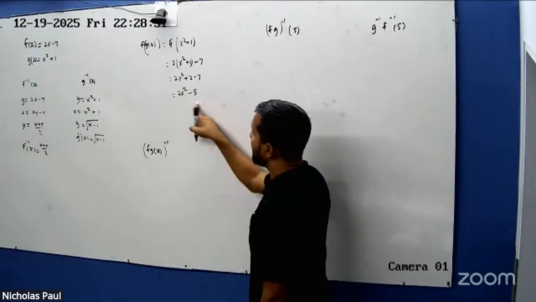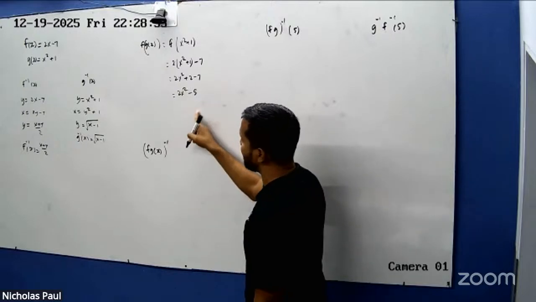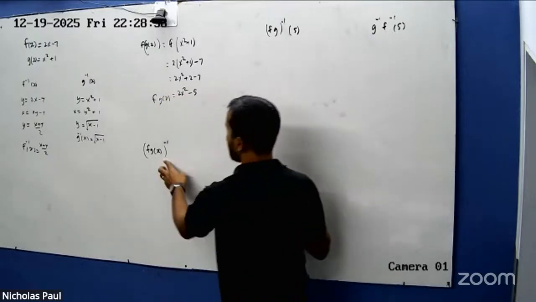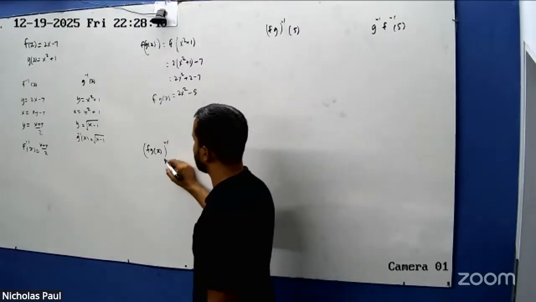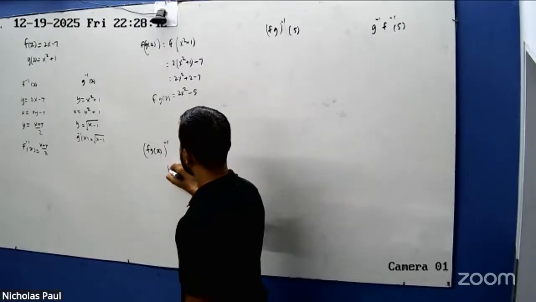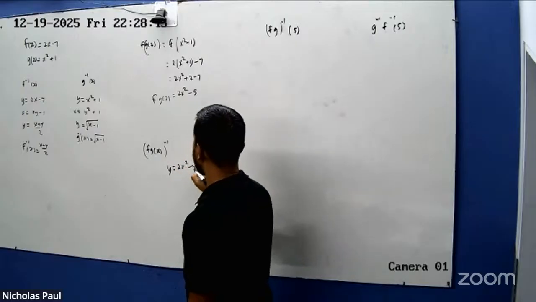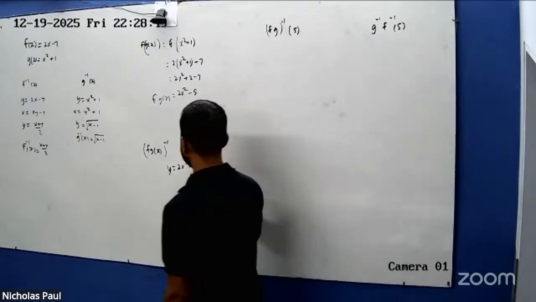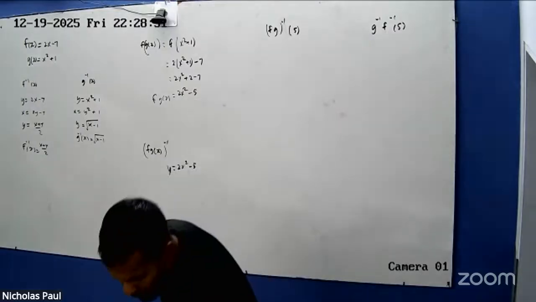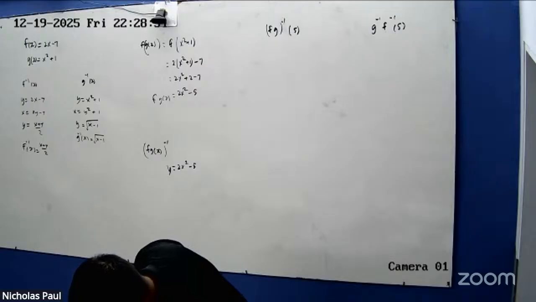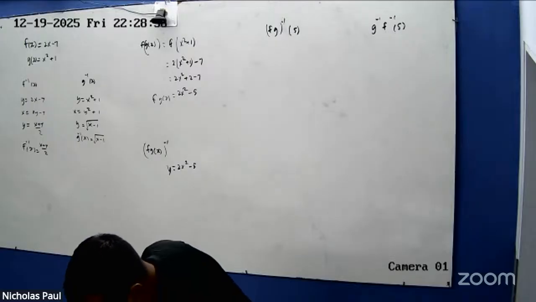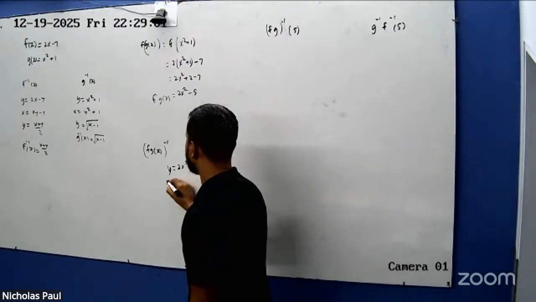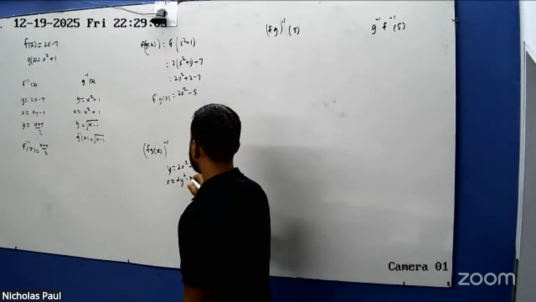Nice. Now they want us to get the inverse of this. This is f of g of x. So let y equal 2x squared minus 5. Y is 2x squared minus 5, so x is equal to 2y squared minus 5.